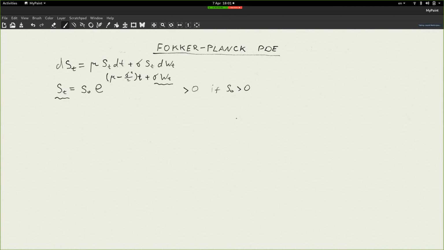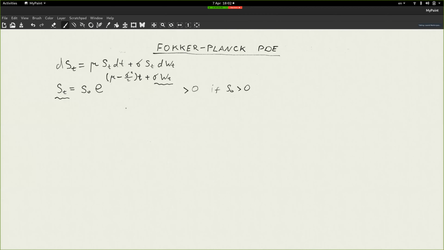It is some kind of function, in this case an exponential function, of our Brownian motion W_t. A much more useful question we can ask is not how to present this closed form solution, but what the distribution of S_t is. And for the distribution, straight away, this formula doesn't tell us much.